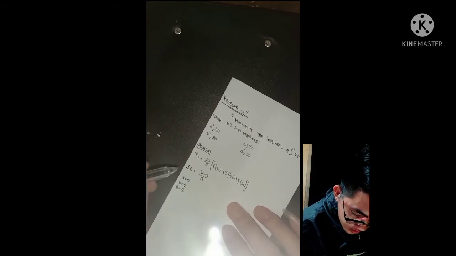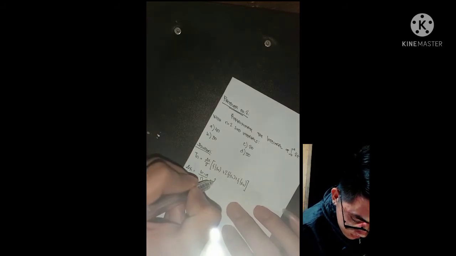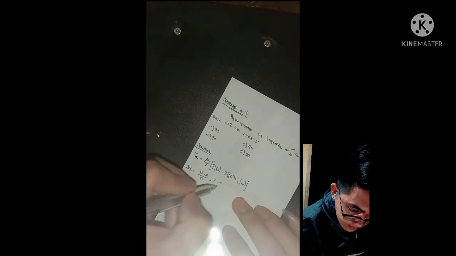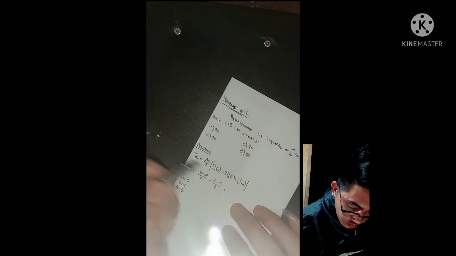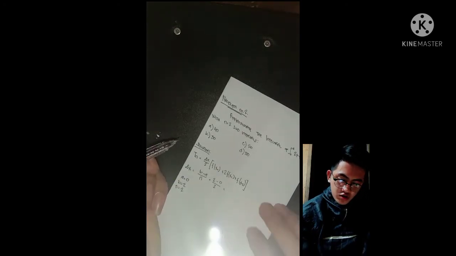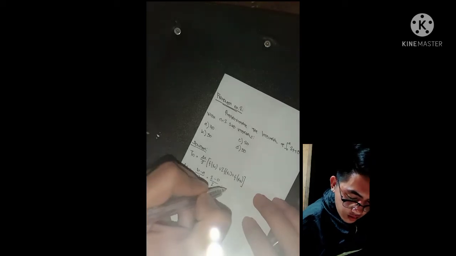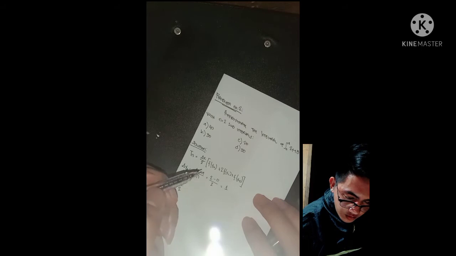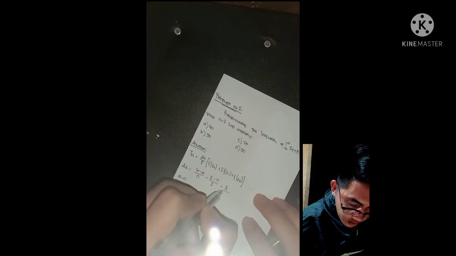So our b is 2 minus our a, which is 0, all over 2. So 2 divided by 2 is equal to 1. Our width of the interval is equal to 1.